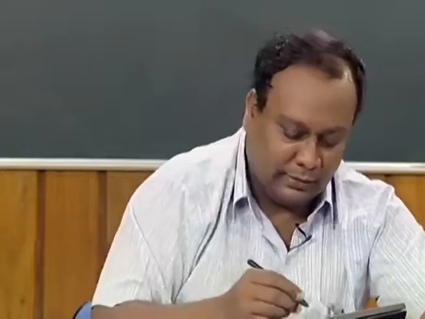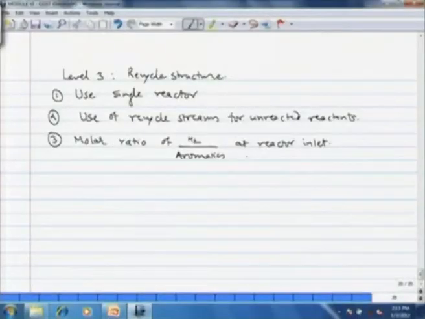The primary objective of excess hydrogen is to force the reaction of toluene, the limiting reactant, to completion. However, it has several other roles to play, like hydrogen prevents coking, it burns off the coke deposited on the reactor wall. Then it can also act as a heat diluent in the system so as to control the reactor temperature. So the molar ratio of H2 to aromatics at the reactor inlet is a decision to make.